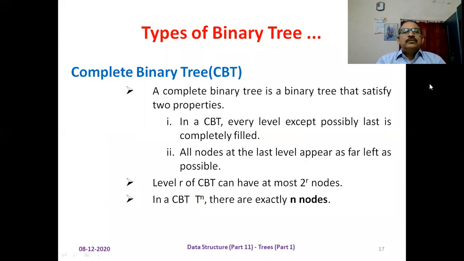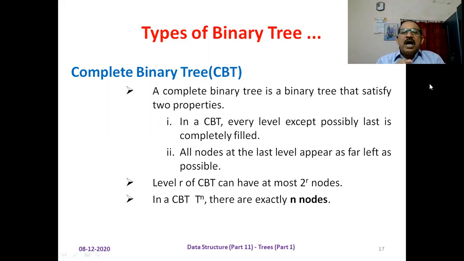Next topic. Complete binary tree. What is a complete binary tree? Again, a complete binary tree is a binary tree that satisfies two properties. What are the two properties? Every level except possibly the last is completely filled.